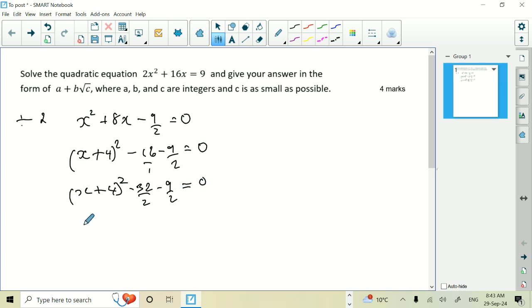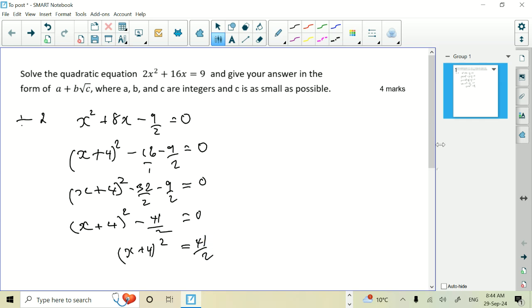So that gives me, step by step, x plus 4 all squared, and minus 32 minus 9 over 2, that's minus 41 over 2, which is equal to 0. So that's nice, because that way I've got x plus 4 all squared on the left hand side, which is equal to 41 over 2.